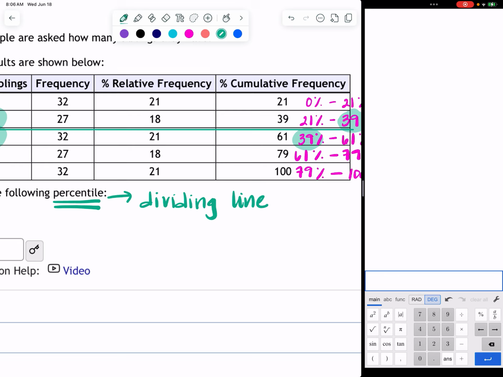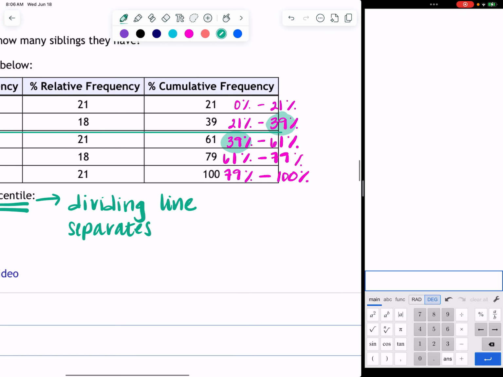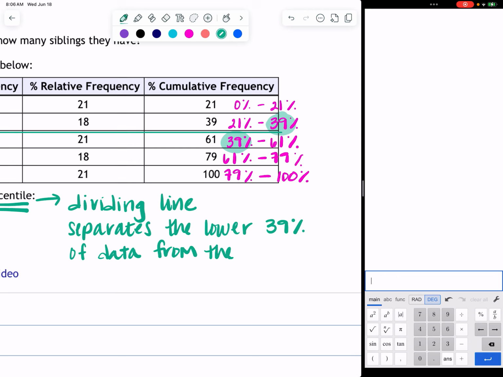It separates, in this case, the lower 39% of data from the upper 61%.